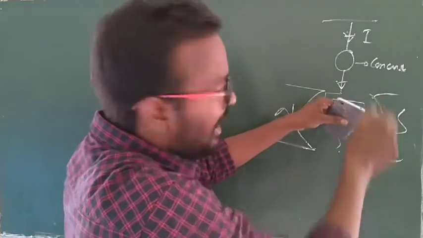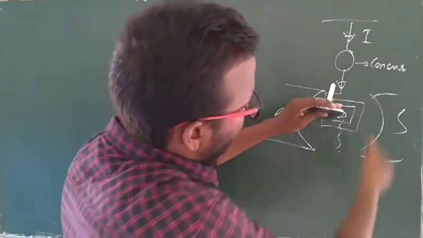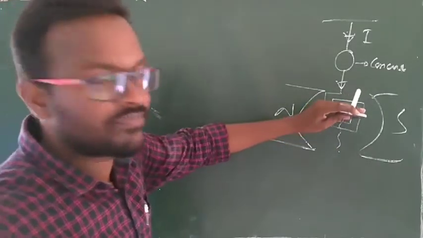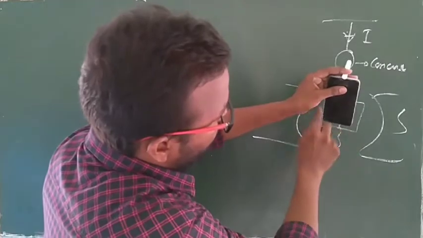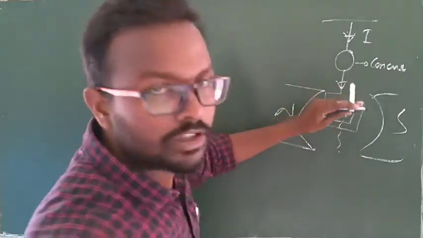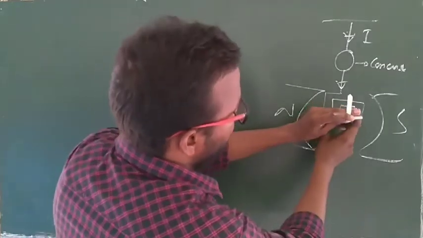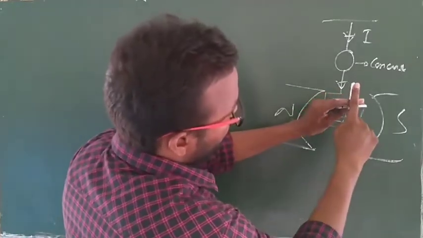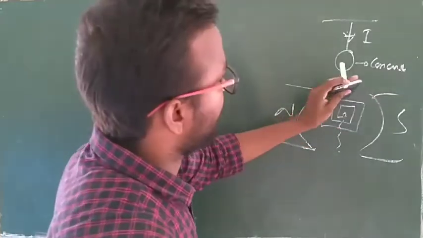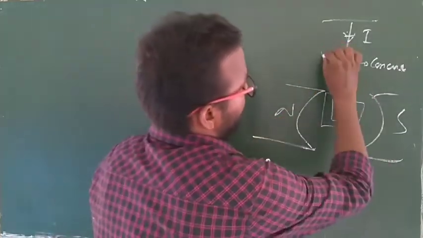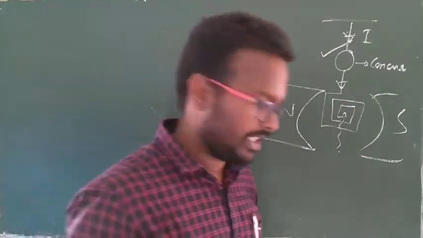A pointer is connected on top of the rectangular loop. When it rotates, the pointer also deflects, and this is determined on the concave mirror. So this is the use of the concave mirror.